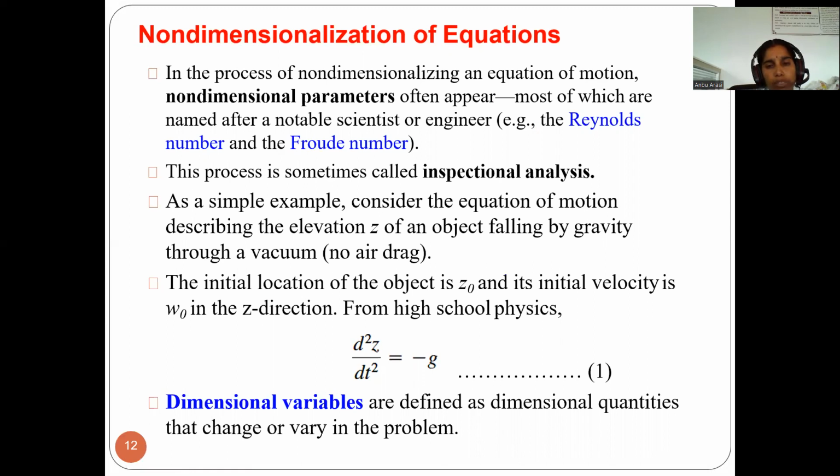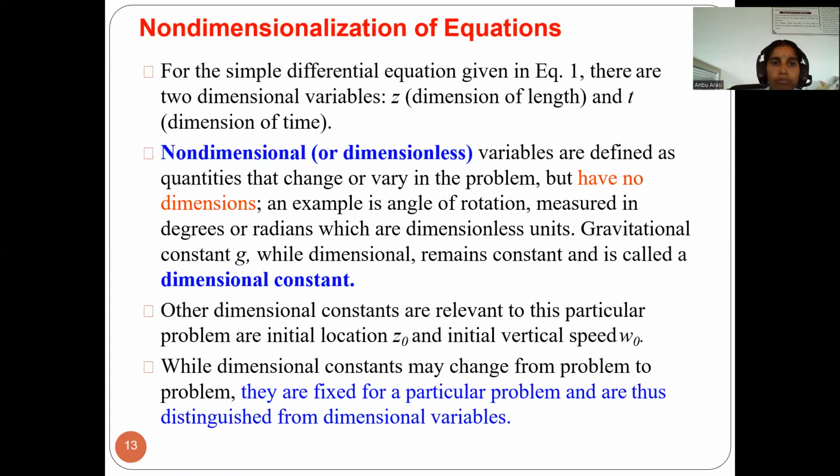As a simple example, consider the equation of motion describing the elevation z of an object falling by gravity through a vacuum. The initial location of the object is z0 and its initial velocity is w0 in the z direction. From high school physics, d squared z divided by dt squared equals minus g. Dimensional variables are dimensional quantities that change or vary in the problem.